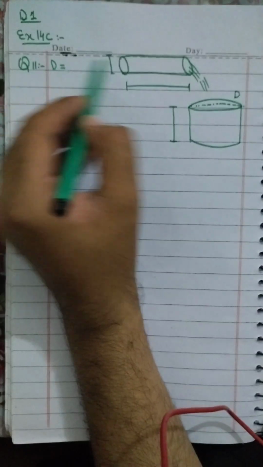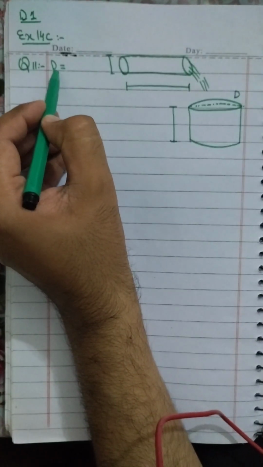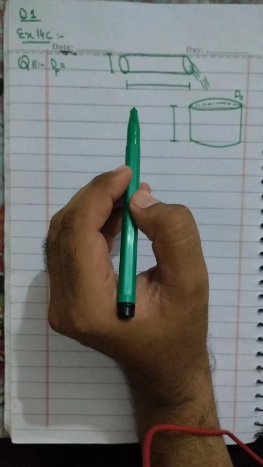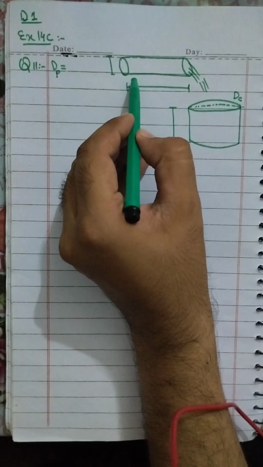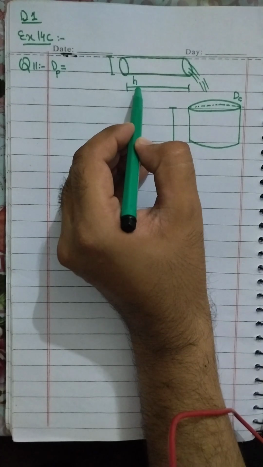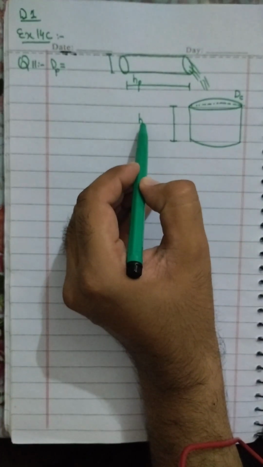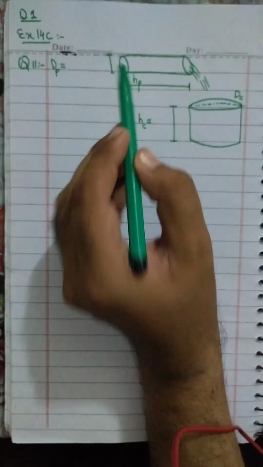So for the pipe, we will write it here dp. For the cylinder diameter, we will use dc. Its height is hp and hc for cylinder, p for pipe.